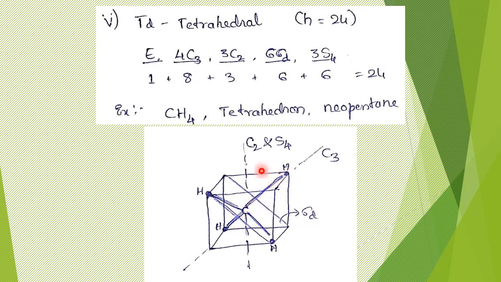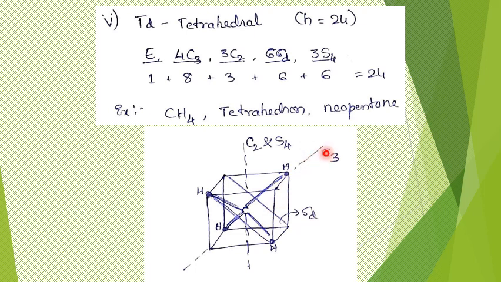And for a cube like this, we can have totally 8 corners. To make one C3 axis, what we require is 2 corners. So each set of opposite corners makes a C3 axis, or in simple words, of the 4 CH bonds we have, each CH bond makes a C3 axis. So this is the C3 axis.